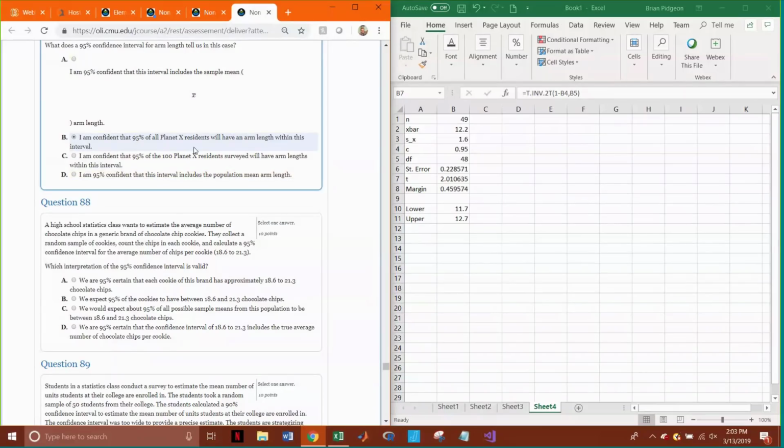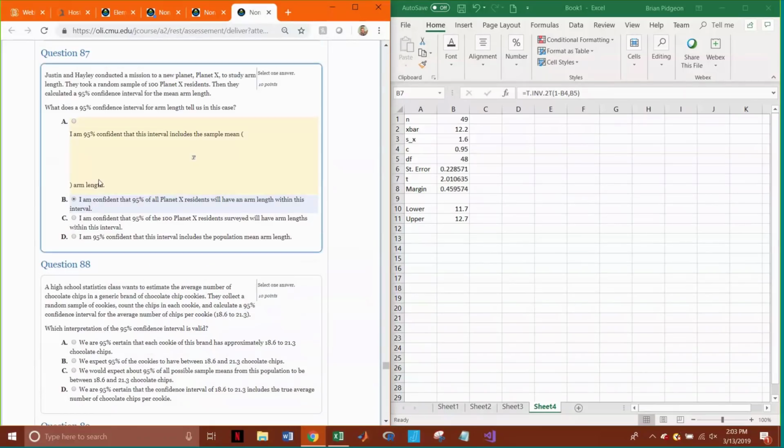Is that wrong? No, gosh no, wait. Nope, I am confident that 90% of all planet X residents will have an arm length within this interval. I am 95% confident that this interval includes the population mean arm length.